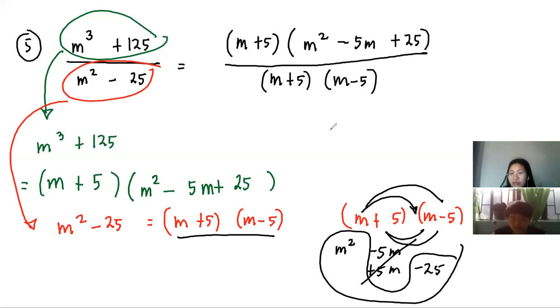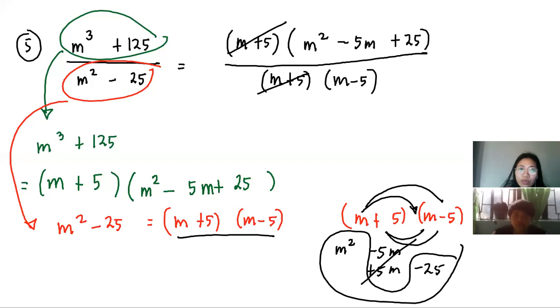Tama ba, kuya? Okay. So, we cancel this one. We cancel this one. May natira pa. Sa tingin mo, meron pa ba tayong isi-simplify dito sa m squared minus 5m plus 25? Subukan natin. Baka meron pa. Pag wala na tayong ipipilit. Okay? Titingnan lang naman natin kung meron pa tayong isi-simplify sa m squared minus 5m plus 25. Okay?